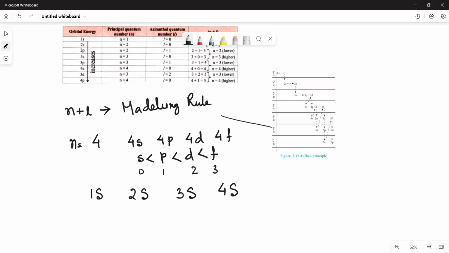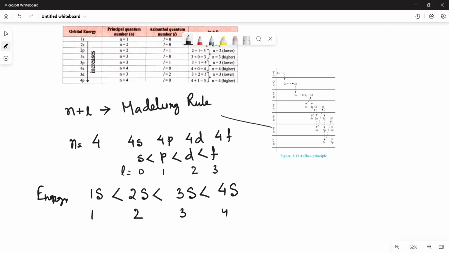Now n+l, this l is the value of the azimuthal quantum number of the corresponding subshells. So it is all 0, so it means 1, 2, 3, 4. If I have been asked what is the energy sequence, it will be 1s is less than 2s, is less than 3s, is less than 4s.